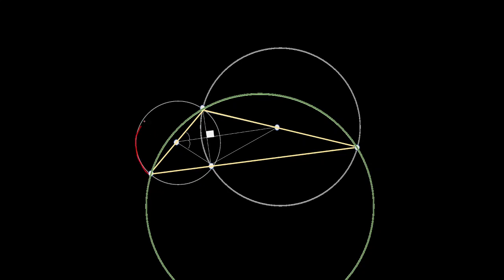So this length and this length are the same, right? The green circle has bisected the smaller white circle, and also this length and this length are the same. For obvious reasons, the green circle has also bisected the bigger white circle.